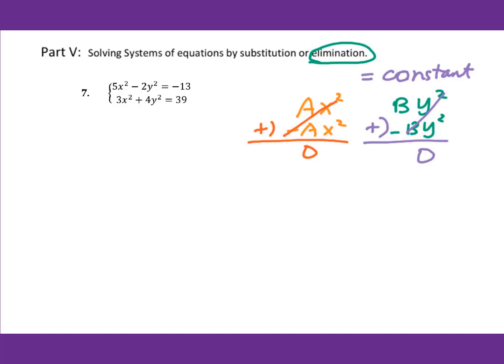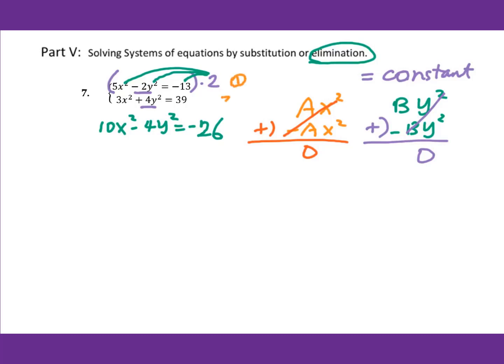For this kind of equation, we can make negative 4y squared and a positive 4y squared by multiplying the first equation by 2. Therefore, we multiply everything by 2. We get 10x squared minus 4y squared equals negative 26. Let's rewrite the second equation.